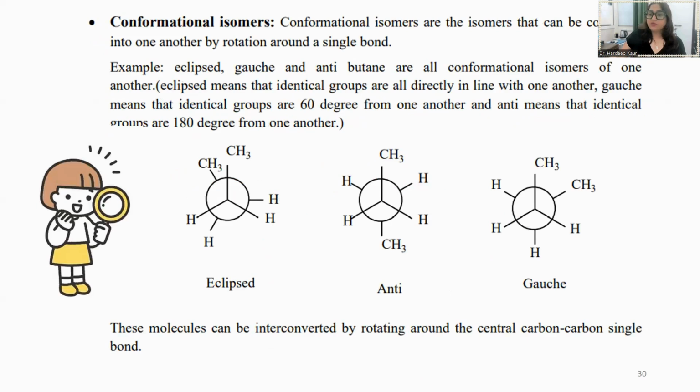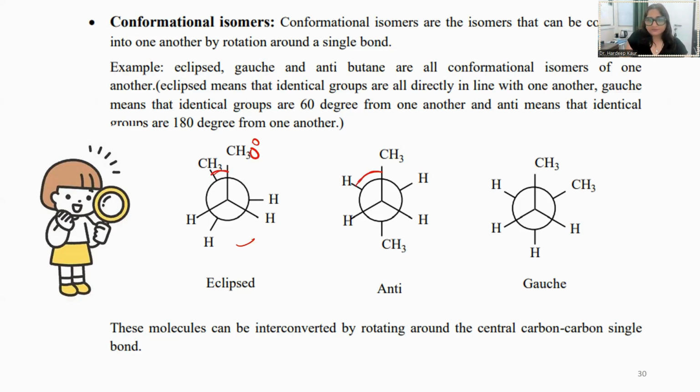Moreover, another term used is conformational isomers. Conformations are isomers that can be converted into one another by just rotation about a single bond: eclipsed, anti, gauche, like this. In eclipsed, you get 0 degree difference.